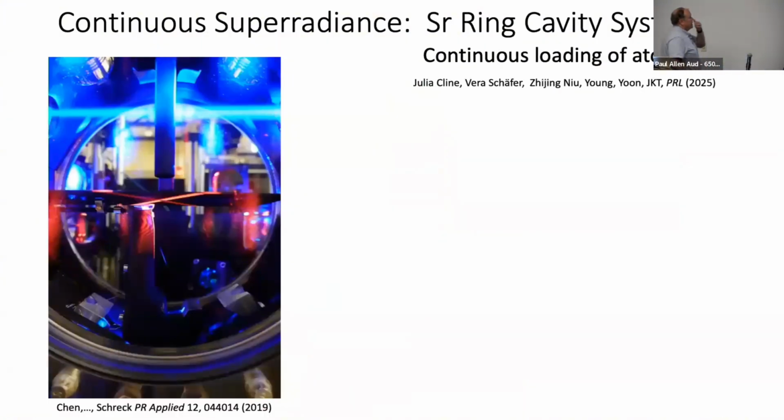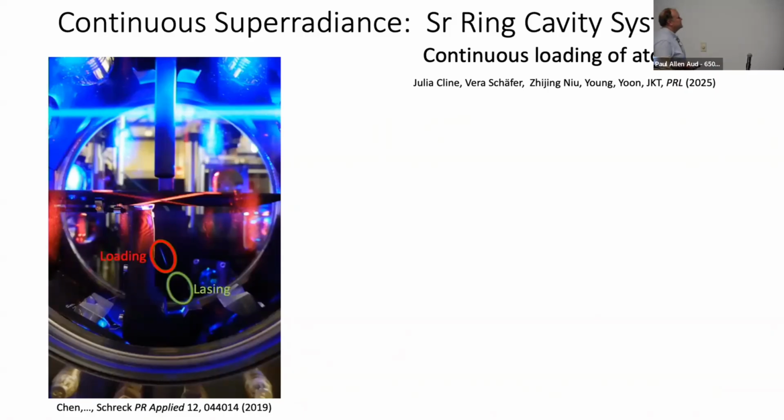Okay. So in order to make this go, we need to continuously load atoms into a ring cavity. You may not be able to see it, that little blue glowy thing right there, that's atoms loaded into an intracavity lattice. That's a magic wavelength lattice for strontium. We basically have a Zeeman slower and a series of 2D MOTs and molasses over here that sort of load into the lattice, right?